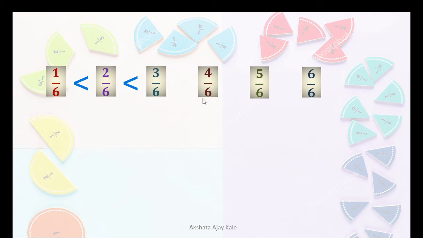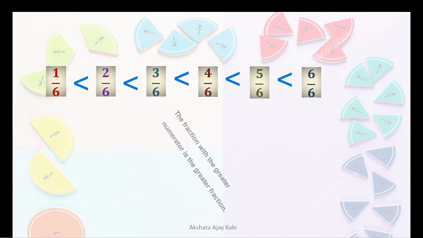Now again here also we can see the same relation. 4 upon 6 is larger than 3 upon 6 because here 4 parts are colored. This also, 5 upon 6 is larger than 4 upon 6, and you know this 6 upon 6 means the whole figure, correct? That is total, only full one, that is bigger than 5 upon 6, isn't it?